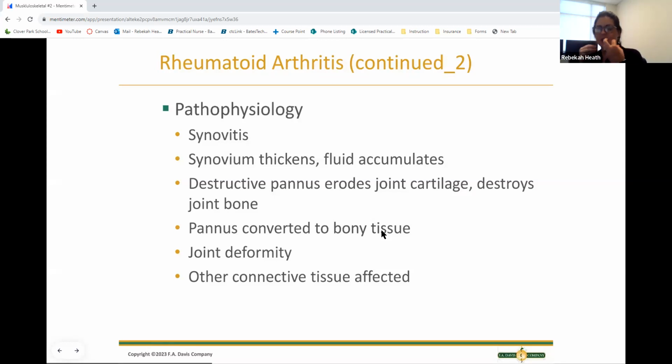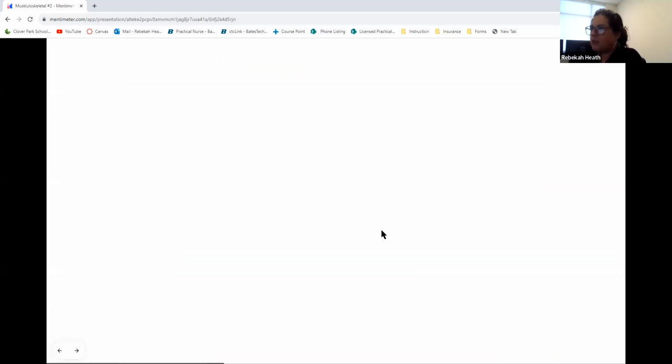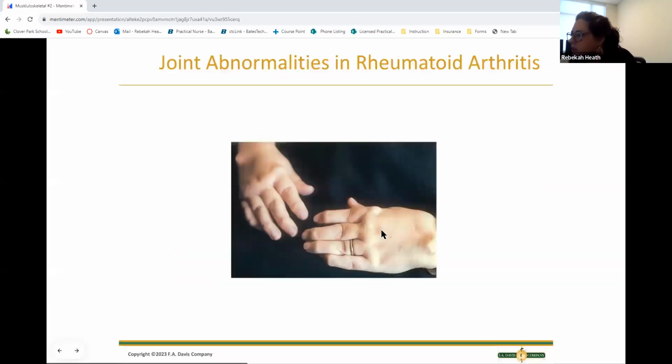You might see it in patients' hands, where they have these large overgrown joints that just look very odd. Here's a picture that shows these enlarged knuckles and joints from the rheumatoid arthritis.